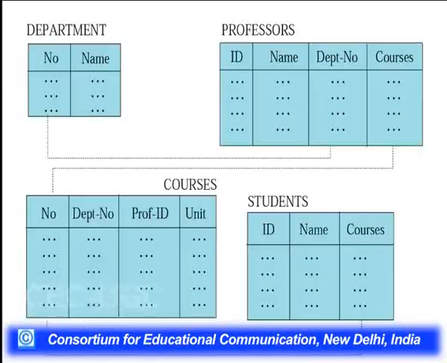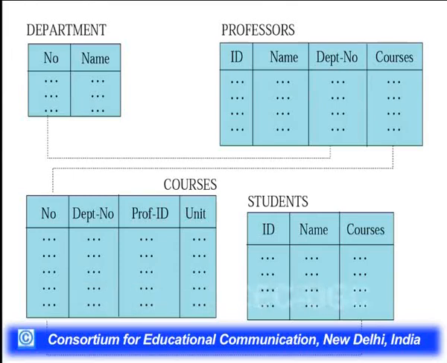So, in this diagram we can see that different tables are there in the database. You have the department, you have the courses, student and professors tables, and the common field in the different tables, like for instance department number is present in the professors table, and in the courses table also you can see department number is there.